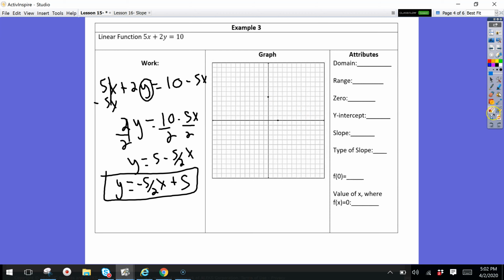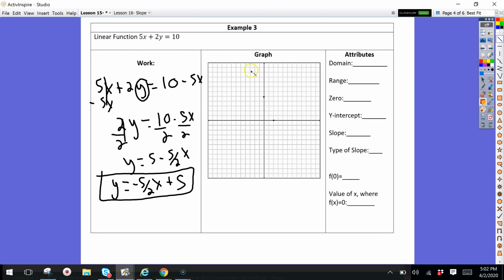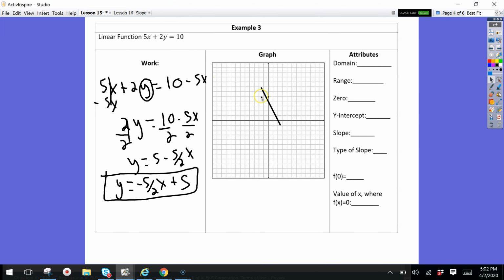So let's go ahead and make a line through this as best as we can. Okay, there we go. And make sure that we put arrows on these so that we know that it keeps going.